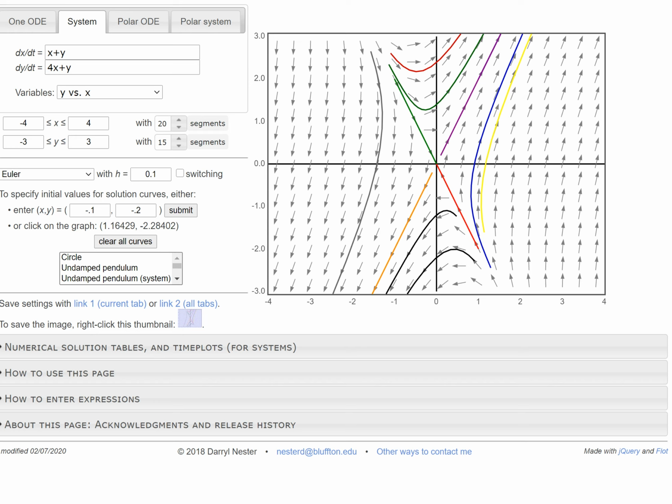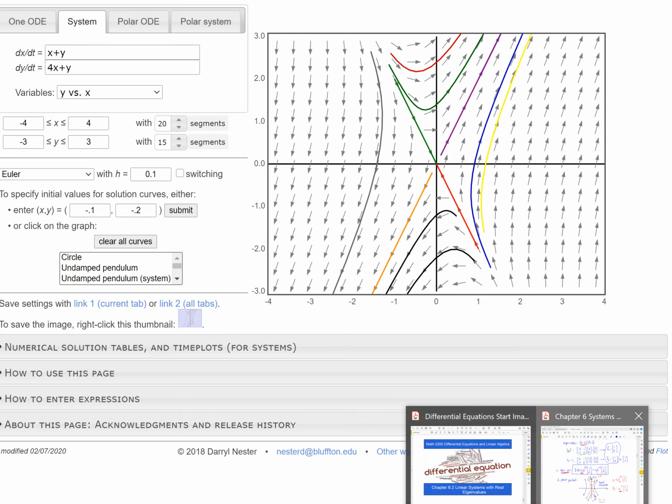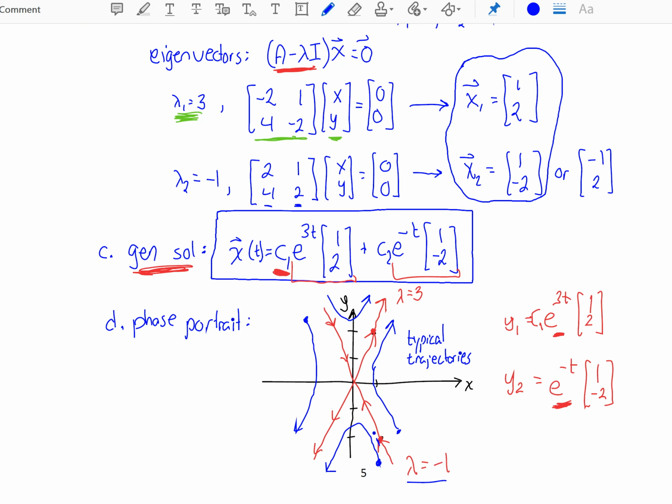This is what I'm asking you to be able to duplicate to be able to confirm that your phase portrait does look like we're showing here. Let's look at another example.